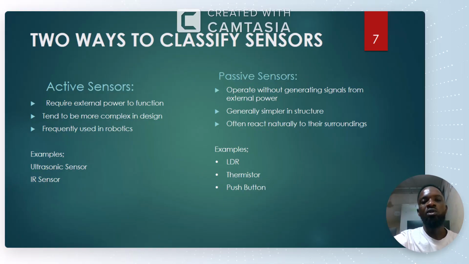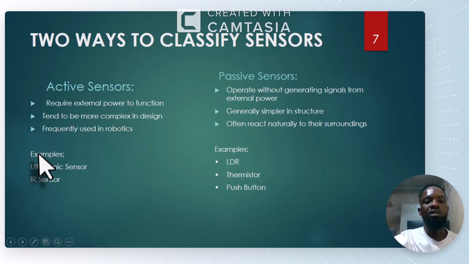Now, two ways to classify sensors, just as we mentioned. We have active sensors, then we have passive sensors. The active sensors require external power to function, tend to be more complex in design, and are frequently used in robots.